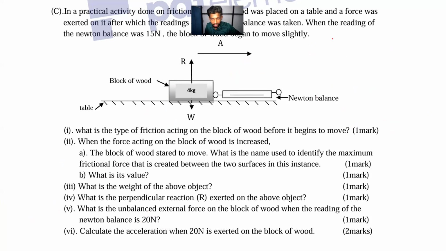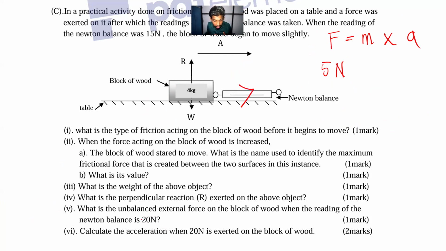They are asking for the acceleration, and you know the equation: force equal to mass into acceleration. For the force, we want to put 5 Newton. But you may ask, how can you put 5, because we are applying 20 Newton here?